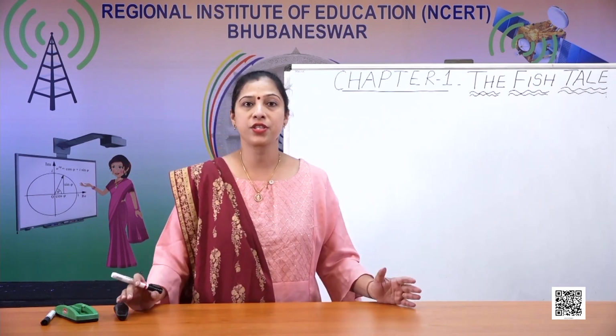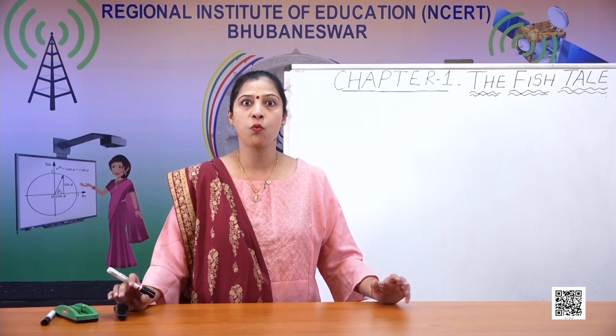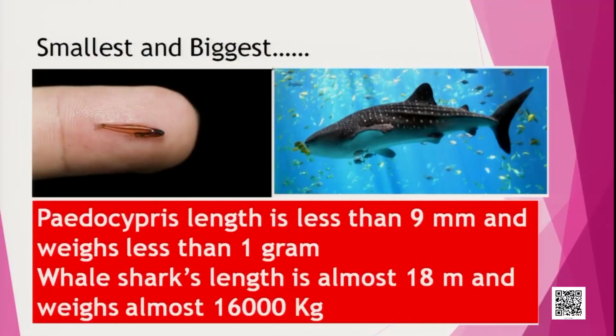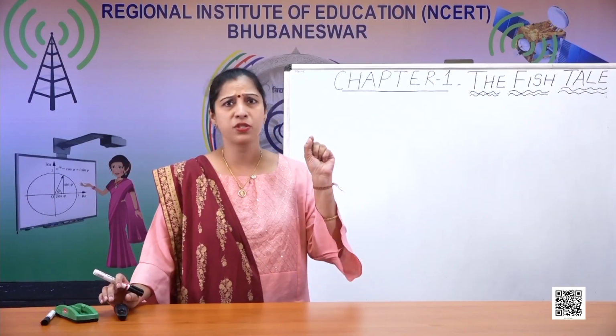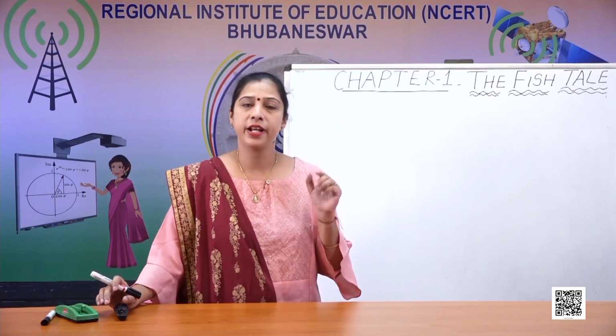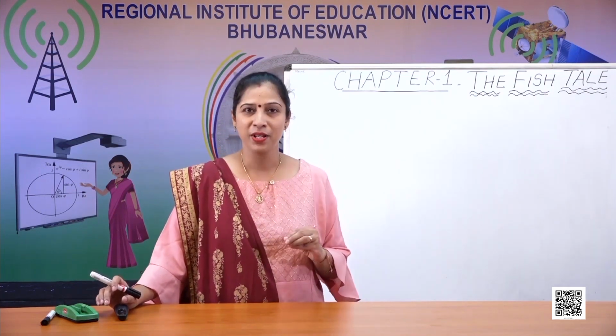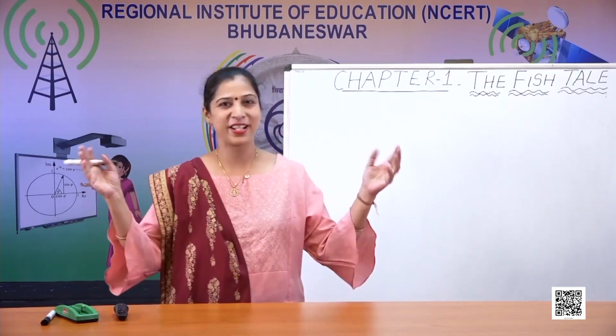And the largest or the biggest fish is the whale shark. See, its length can go up to 18 meters and it weighs almost 16,000 kilograms. The smallest fish is only 9 millimeter in length and weighs less than 1 gram. So don't you think nature is fantastic?